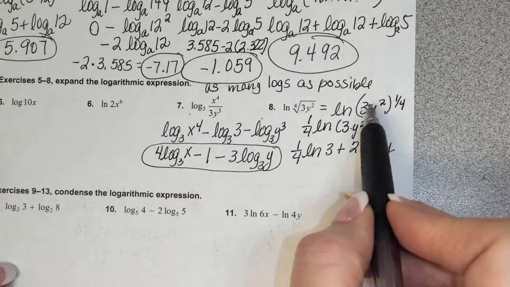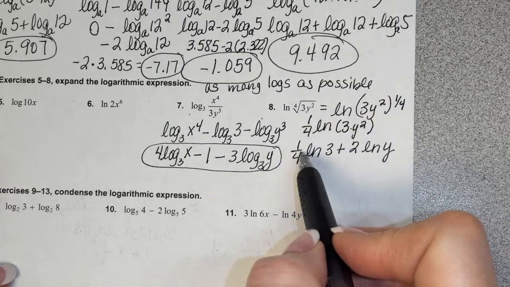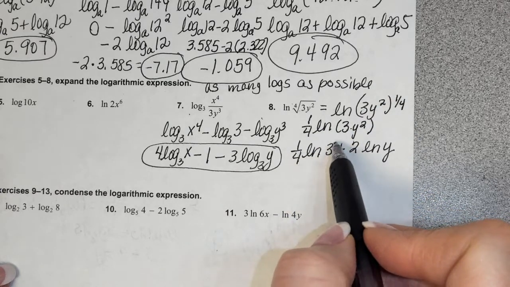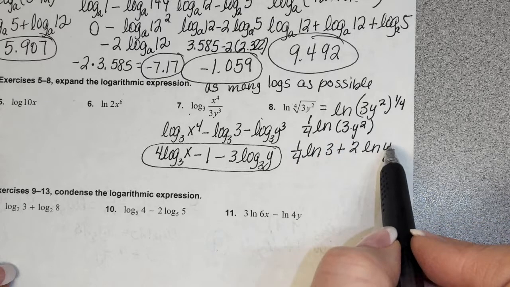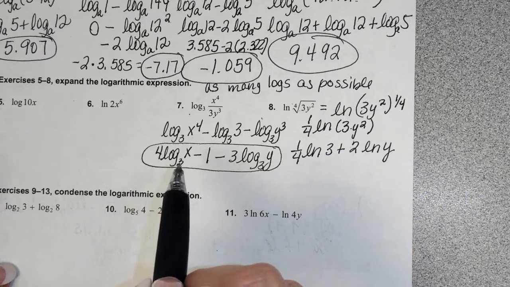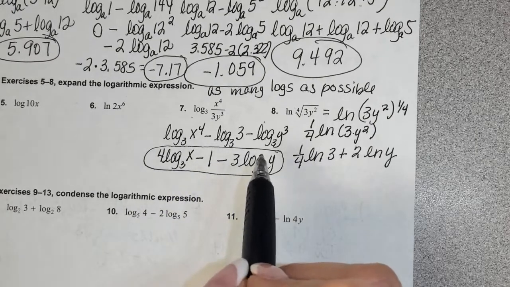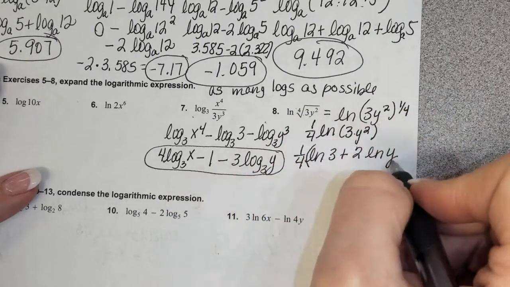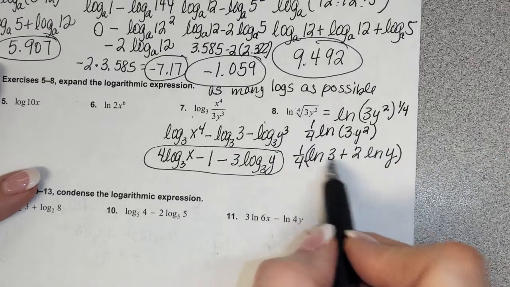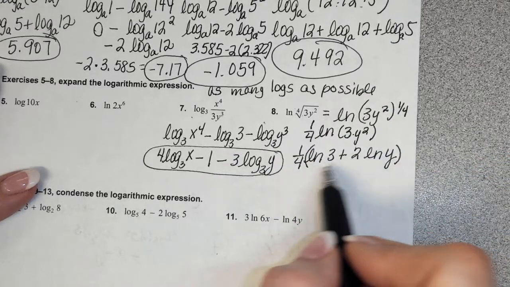See how the 1/4 goes with both of these? If I just put the 1/4 here, then only this one is to the 1/4 and not this. How could I correct that then? Well, I could just put parentheses in there, couldn't I? Just do that. And now the 1/4 is for both of them.